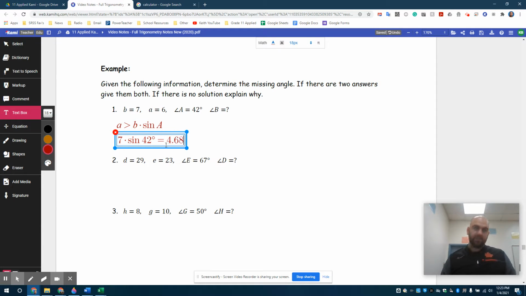And so this is 4.68, and 6 is longer than 4.68, which means that we're going to have two solutions to this.